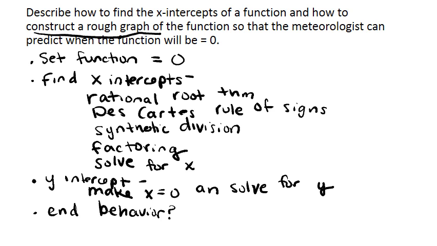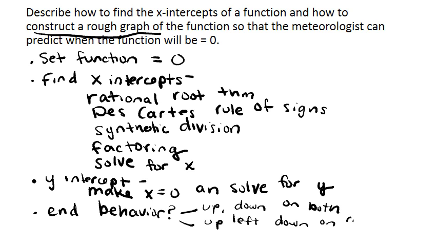Okay, and how do we decide end behavior? We look at the two ends, and we decide if they're going to go up on both sides, down on both sides, or we decide if they're going to go up on the left, down on the right, or we decide if they're going to do the opposite of that.